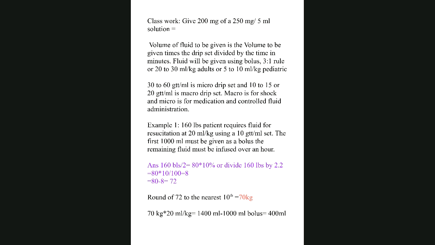All right, now your protocol says to give 1,000 of that 1,200 mils as a bolus. And the remaining portion, which is 200 mils, give it over an hour. What would be your drip rate per minute? Work that out.